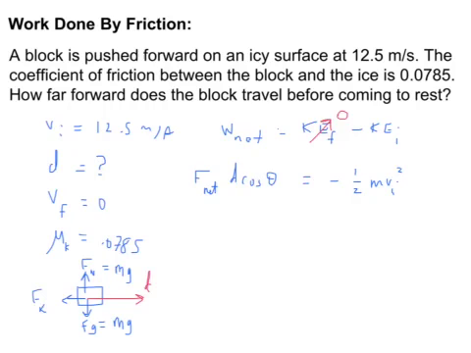The net force in problems like this, right, Fn and Fg cancel out. We could just cross those out if we wanted. And so the only unbalanced force, the net force, is Fk. So we can plug in Fk here for Fnet. And here's an important thing to remember. When you plug in for Fnet, you always plug in a positive number into this equation because work is a scalar.